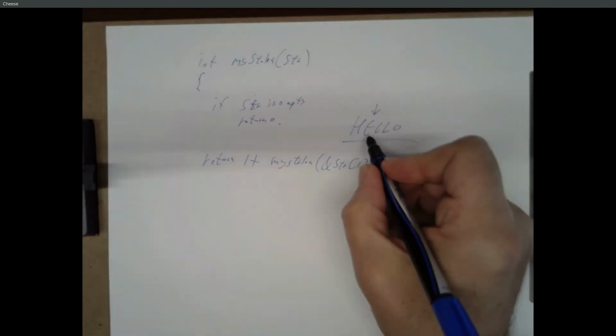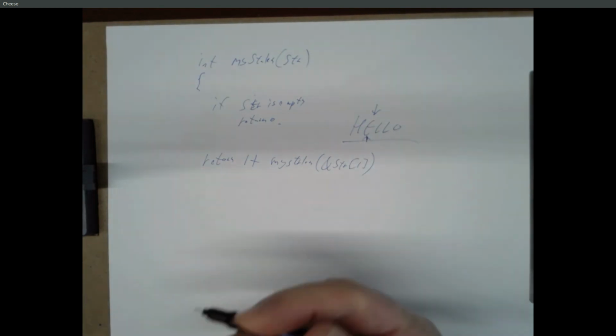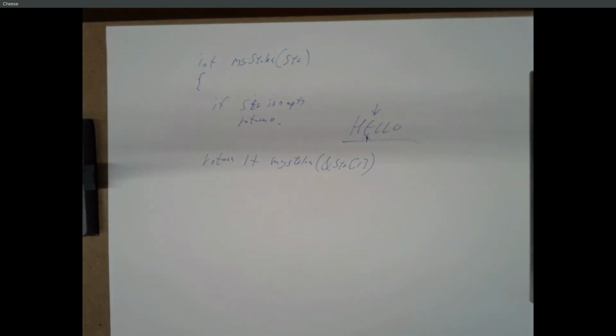Take the string starting with the second character and find the length of that string, and then add 1 to it. So that's the weird way of doing substrings, but it's a pseudocode algorithm, right? So length of a string is either 0 if the string's empty, or it's 1 plus the length of the substring starting with the second character. And so again, it's a 2-line program, no looping, it's using recursion.